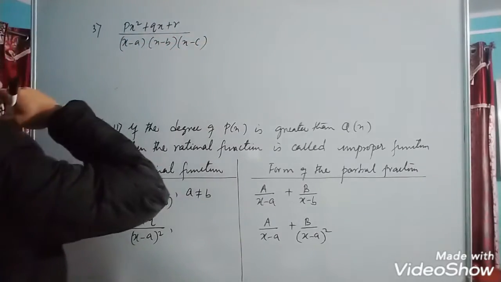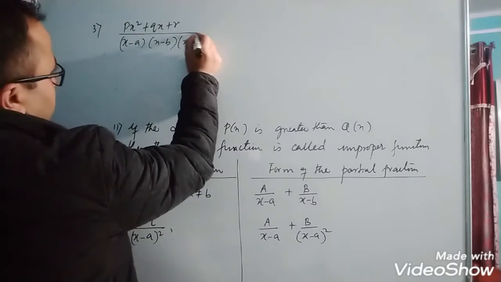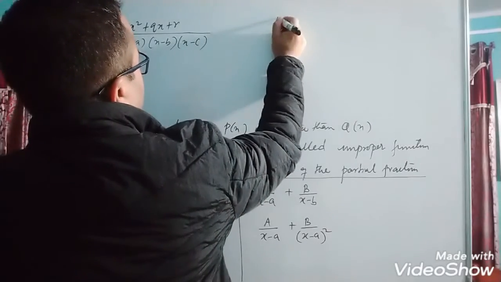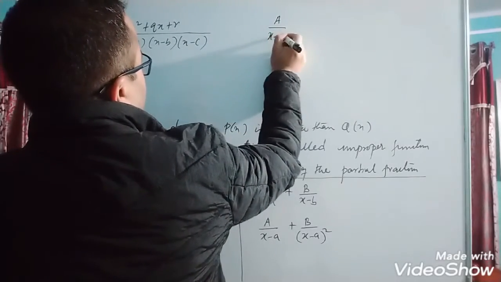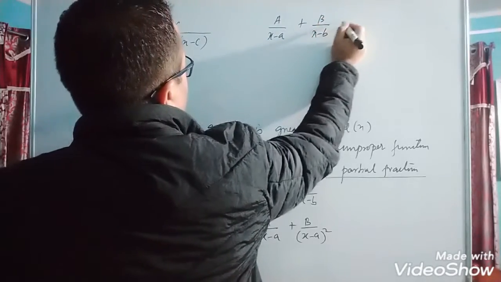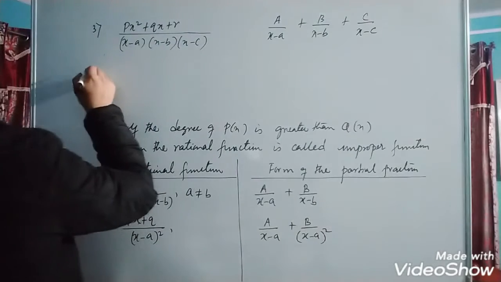Here also the degree of the numerator is less than the denominator, so it is a proper function. Now the partial fraction will be a by x minus a plus b by x minus b plus c by x minus c.